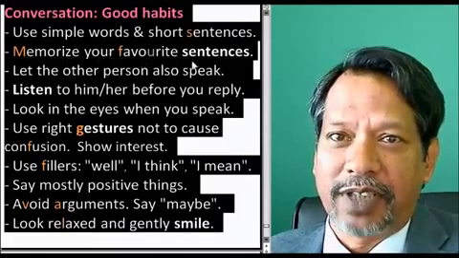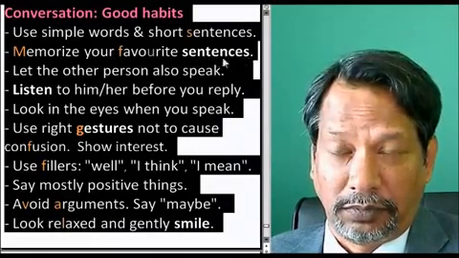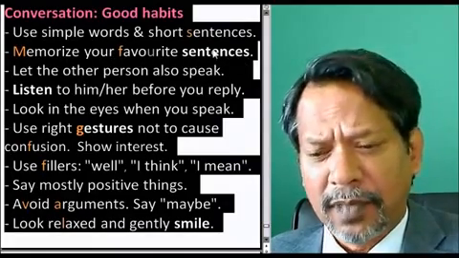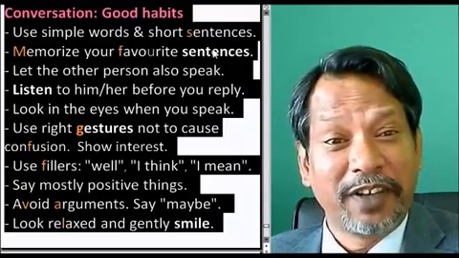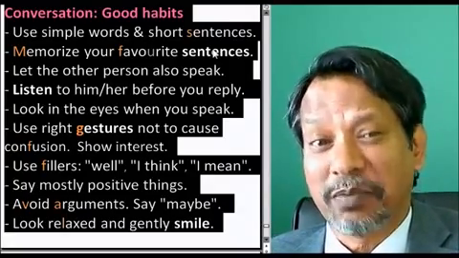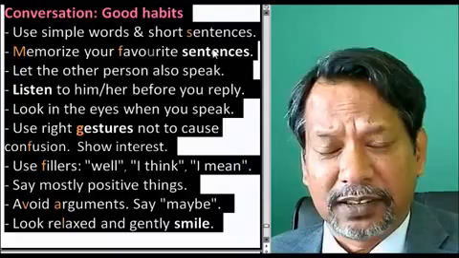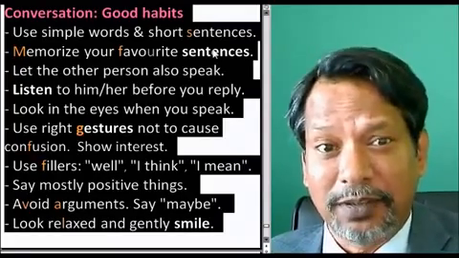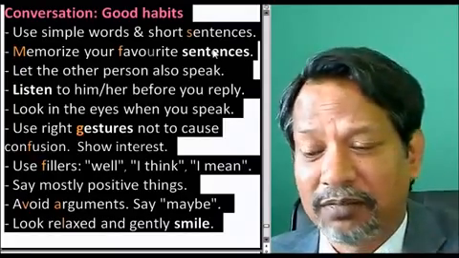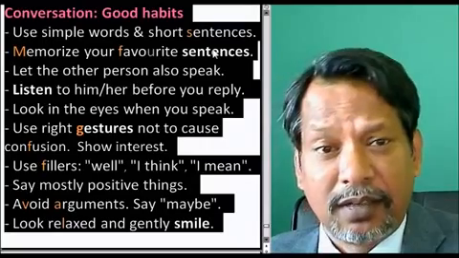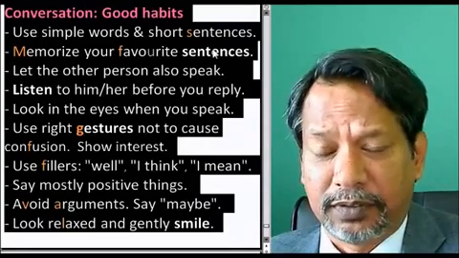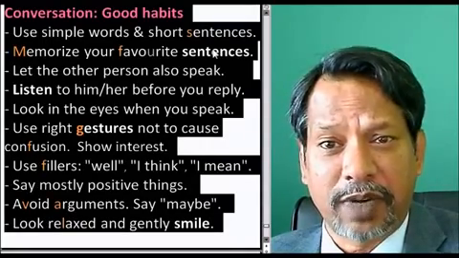Memorize your favorite sentences. Write down all your favorite sentences that you think you're going to need someday, and memorize them slowly, practice them, say them loud. Or get that software, Spoken English 2020.